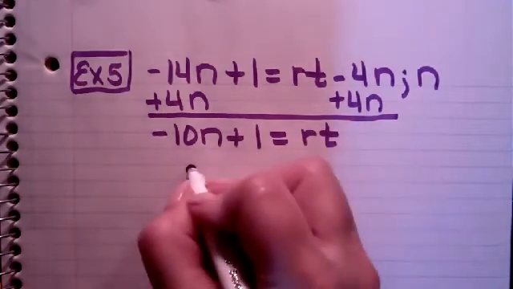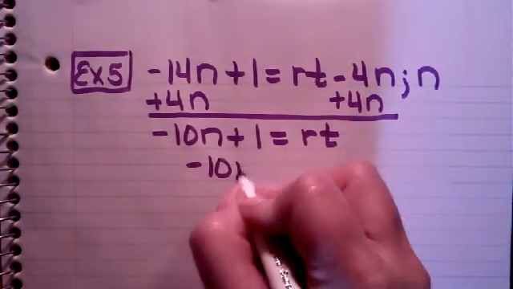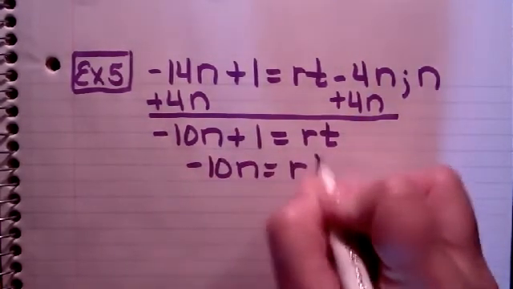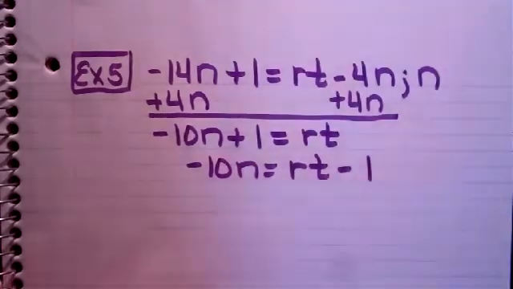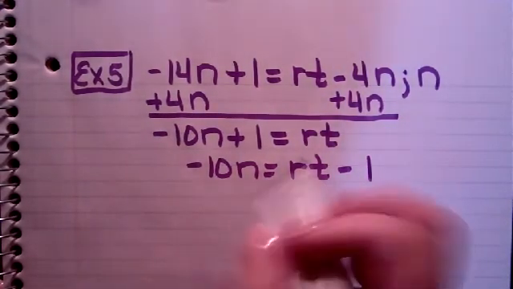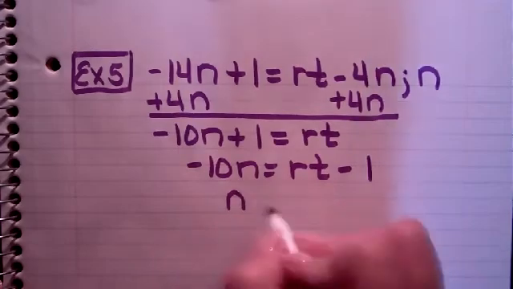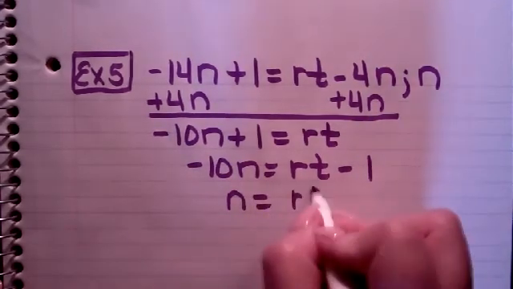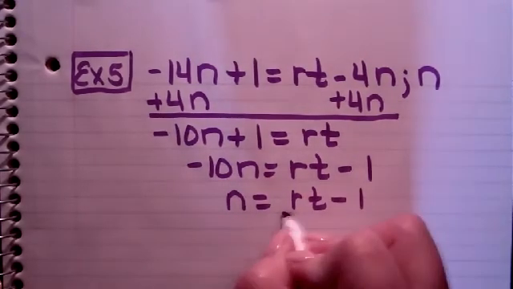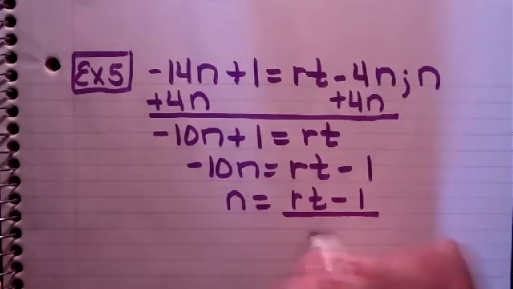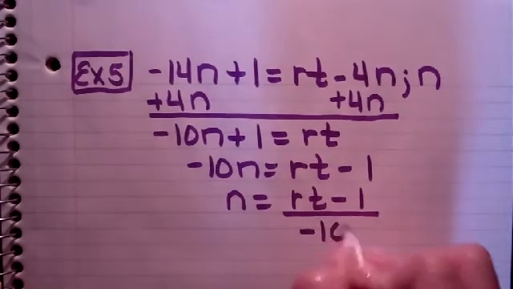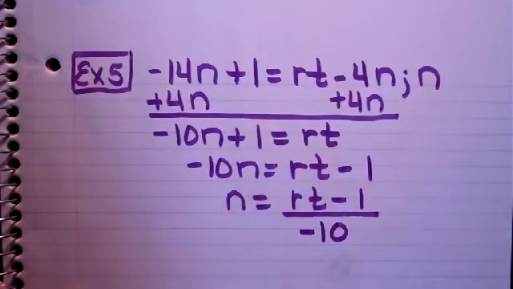So my next line is going to look like negative 10n equal to RT minus 1. And of course, the last step is to divide by the negative 10. So I've got n equal to RT minus 1 over negative 10, just like that. Okay, make sure you've got that copied down before we go to number 6.